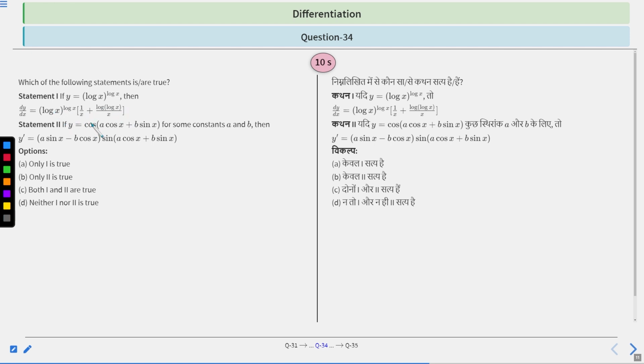For statement 2, again we will take dy by dx by using the chain rule, and we will see if dy by dx matches this expression or not. So this was the hint of this question. You have 10 seconds to solve this question. After 10 seconds, we will discuss the solution.